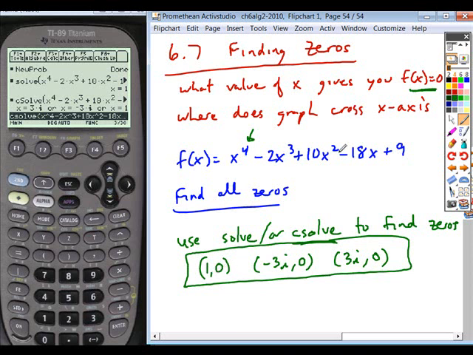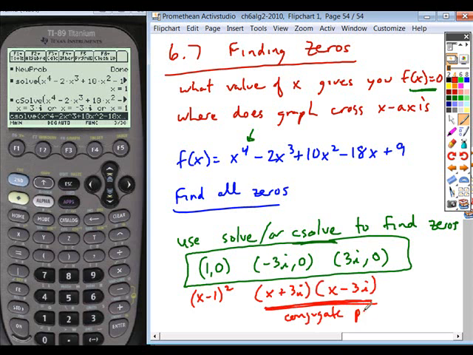So if you were looking to factor this expression, the fact that you only see 3 zeros here means that this factor is probably being squared. And then you have x plus 3i and x minus 3i. Remember, imaginary or complex zeros always come in pairs. You're always going to see these as pairs.